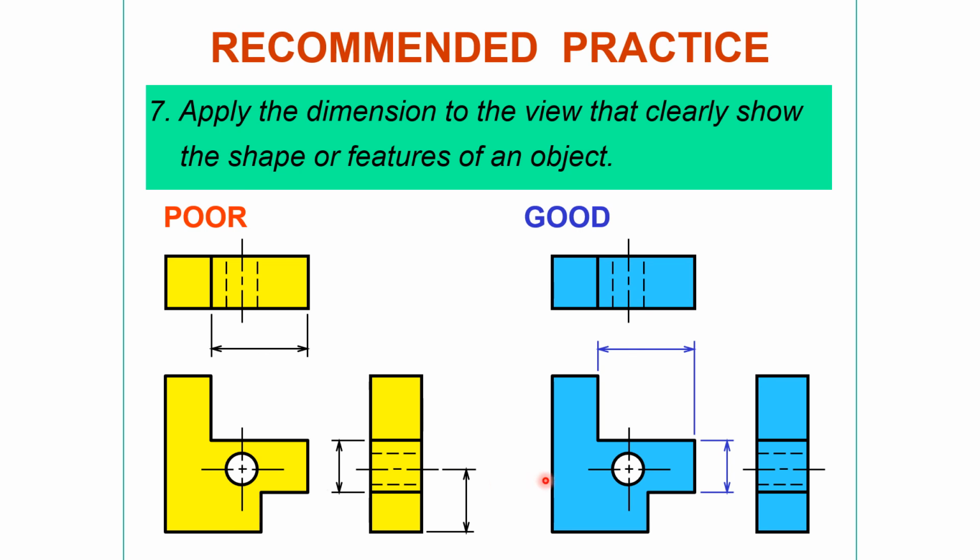Similarly, this circle you can properly locate in the top view instead of the right side view. So dimensioning should be in the view where the part's features are more clear.